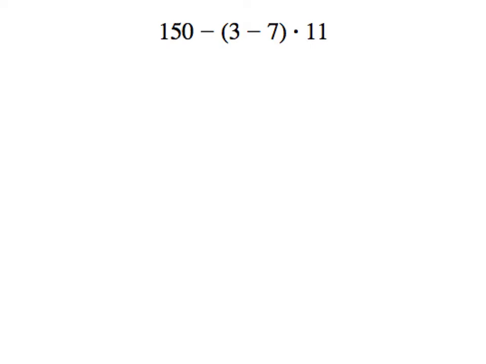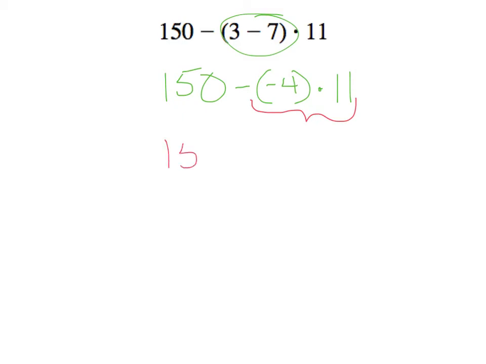For the next one, we first want to look at this parenthesis. So I'm going to rewrite 150 minus 3 minus 7 is negative 4 times 11. So remember this dot means times. We do need to do the multiplying first. So that's 150 minus negative 4 times 11 is negative 44.